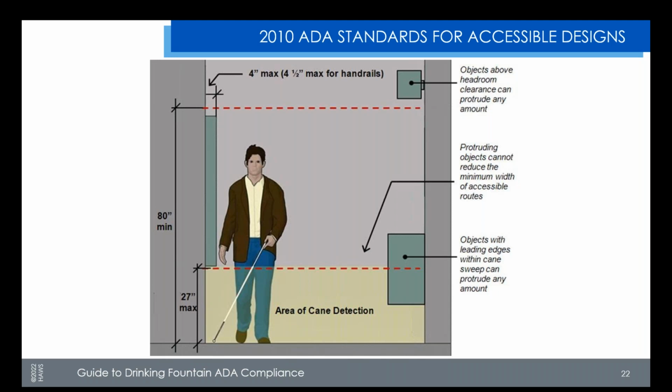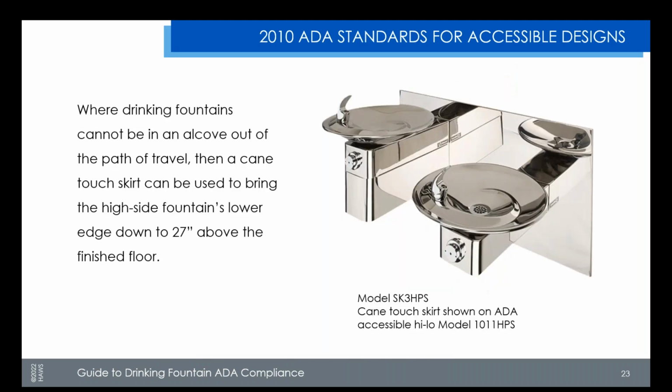So we have an object that is sitting above 27 inches and below 80 inches, smack dab in the middle, and therefore may not protrude into the space any more than 4 inches, unless there's one exception, and that's a handrail. Handrails are allowed to protrude an extra ½ inch as part of that exception, but that is it. No other exceptions.